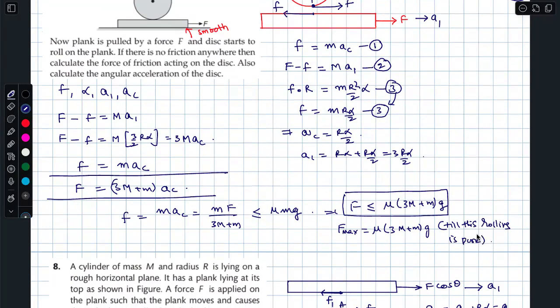If force exceeds F max, what happens? The friction is not sufficient to support pure rolling. If F is greater than F max, F is not sufficient for pure rolling.